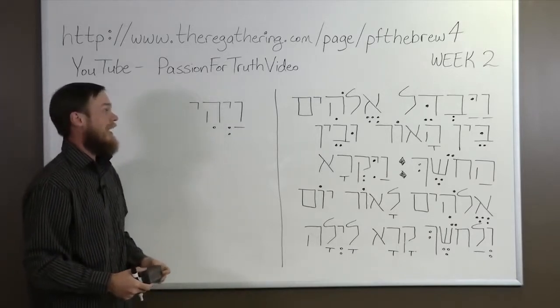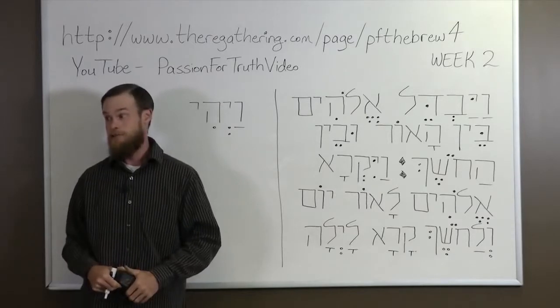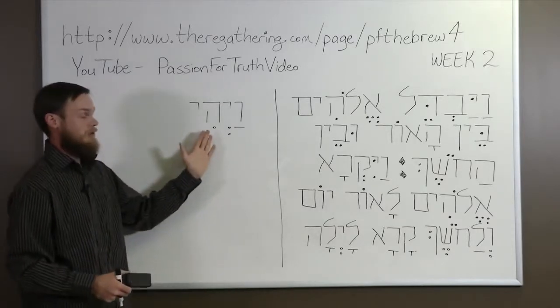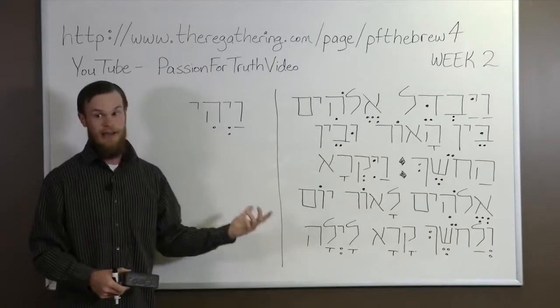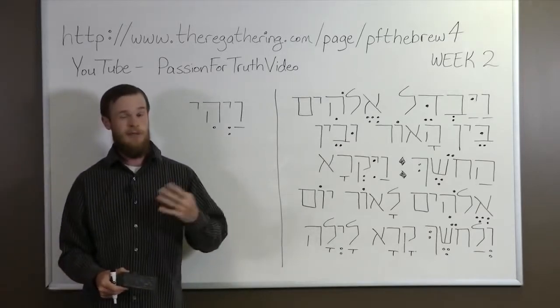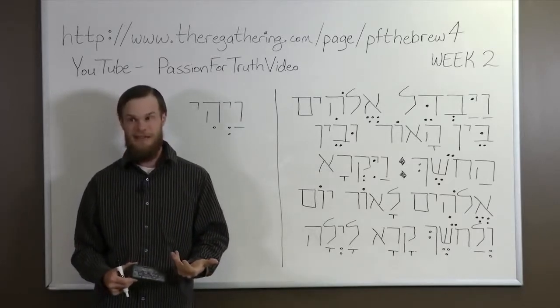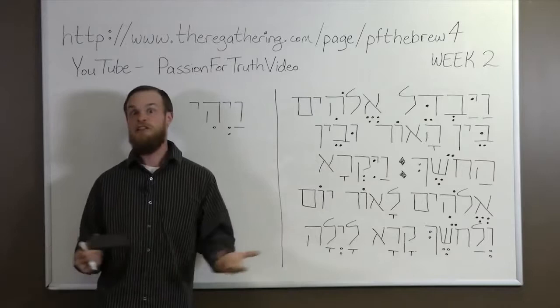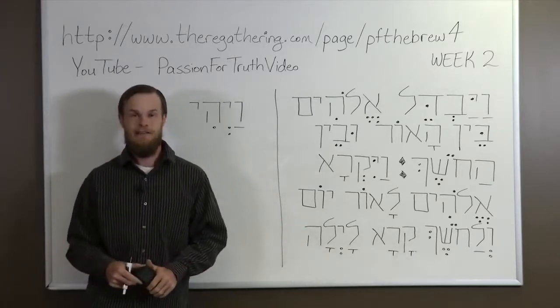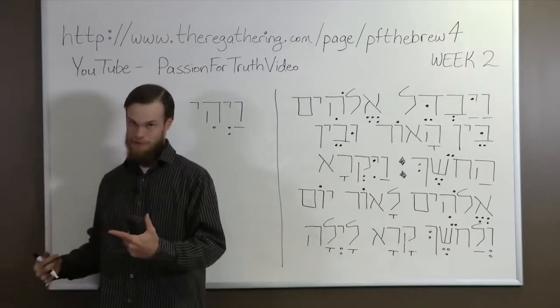In fact, it's actually the future tense flipped by the vav. When the vav is added to the root hey yud hey, this happens to be what it does to the future tense. So it's not flipping the jussive because you can't flip the jussive. You can't say, and he wanted it to be. Jussive expresses a desire for future happenings, not for past ones.